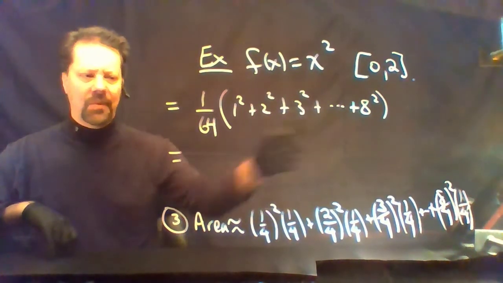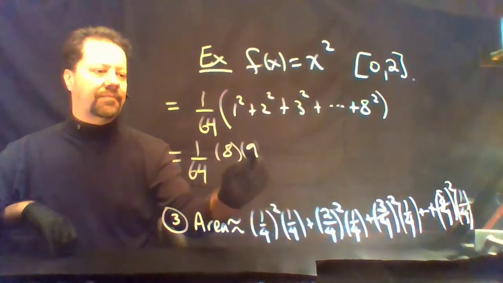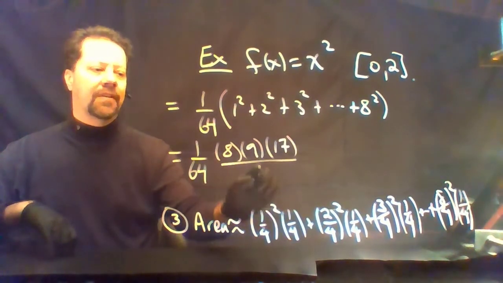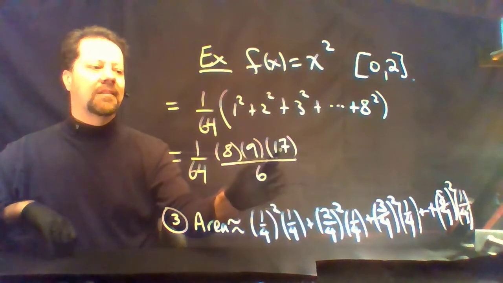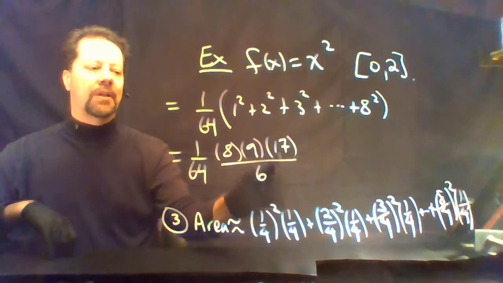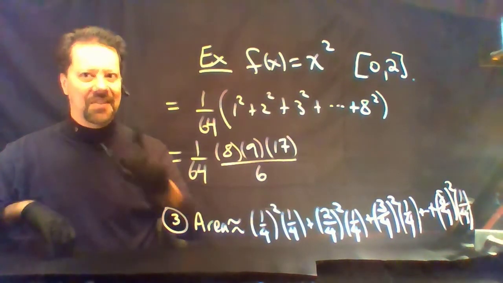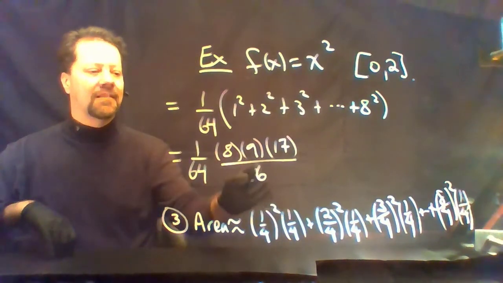The sum of these squares, we know, is going to be 8 times 9 times 17 over 6, n times n plus 1 times 2n plus 1 over 6. Yes, that's a formula that I asked you to remember, for good reason.